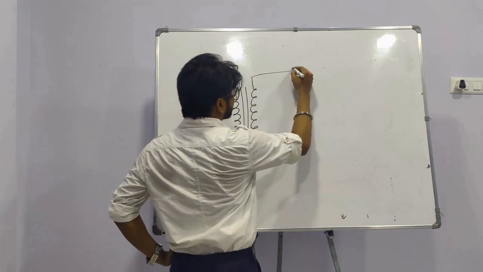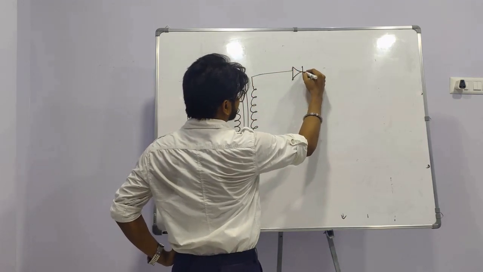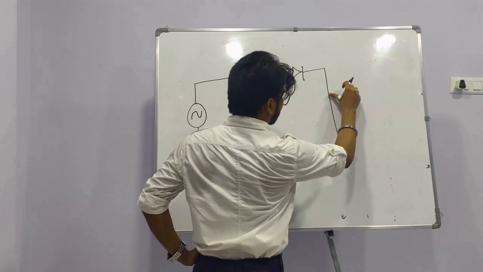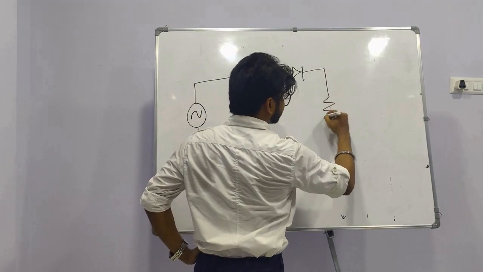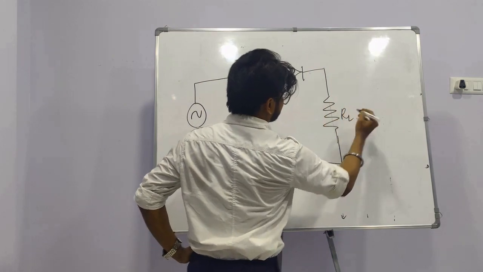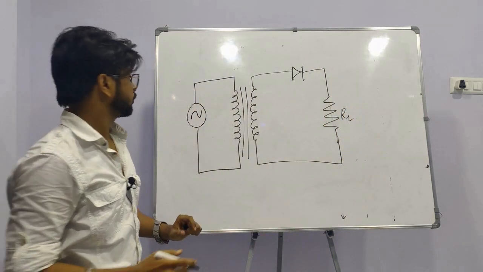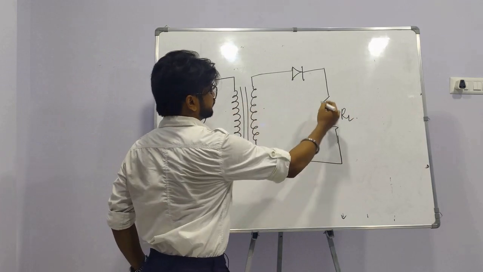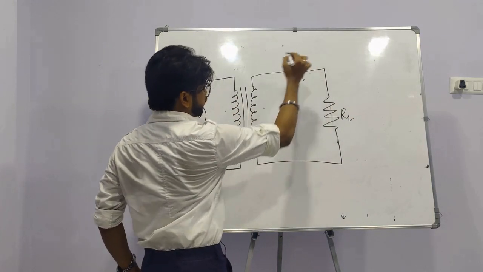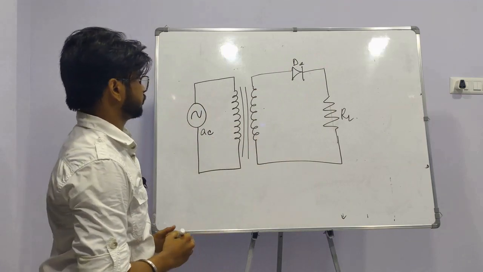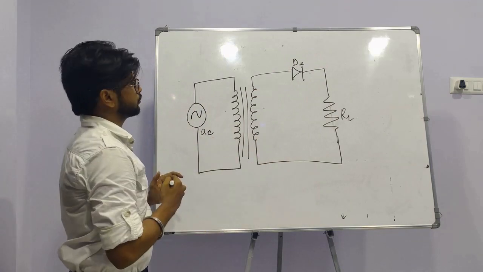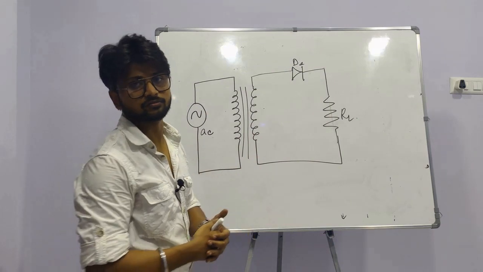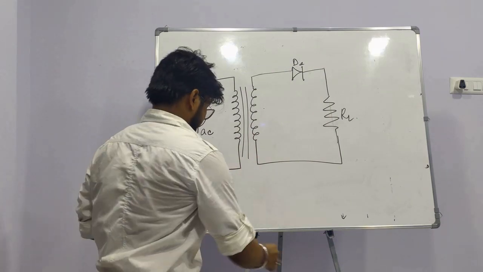Along with it, it has a PN junction and a load resistance RL. So this is the AC signal, this is the transformer, this is the load resistance RL, and this is diode D1. So this is the main circuit. So let's see how the operation takes place and how the output is being recovered.